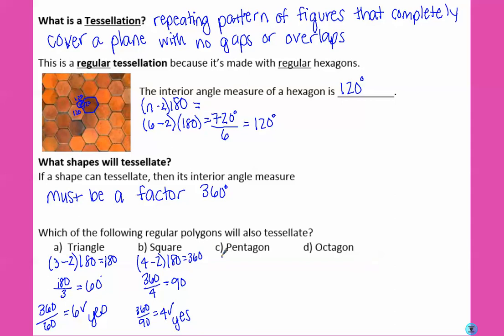What about a pentagon? That one has 5 sides, which means it has 540 degrees total for its interior angles. 540 divided by 5 angles is 108 degrees each. 360 divided by 108 is 3.3 repeating. So since we didn't get a whole number, this will not tessellate.